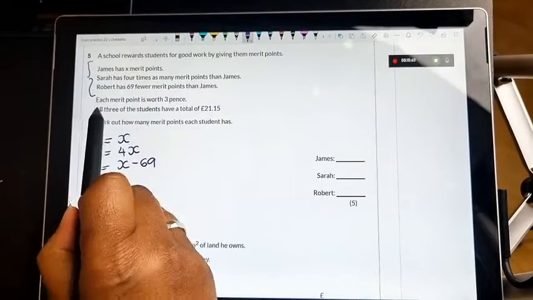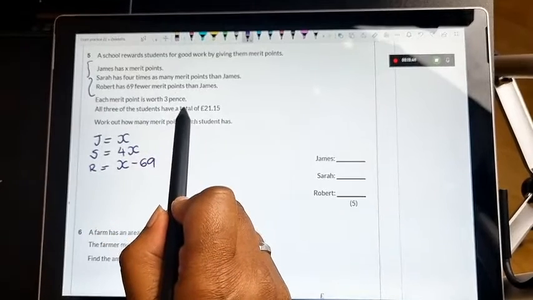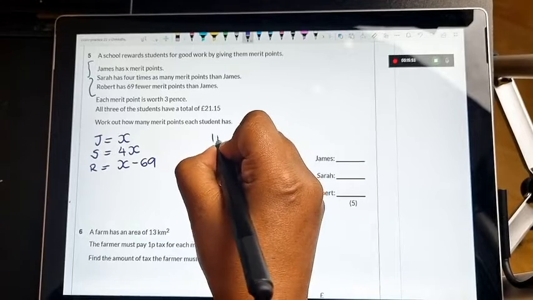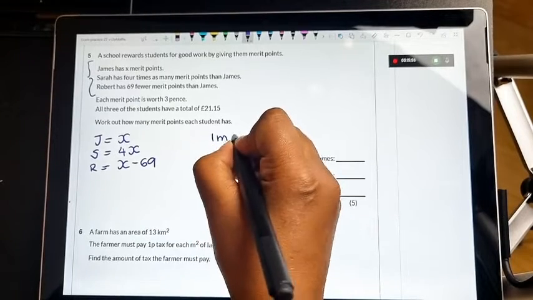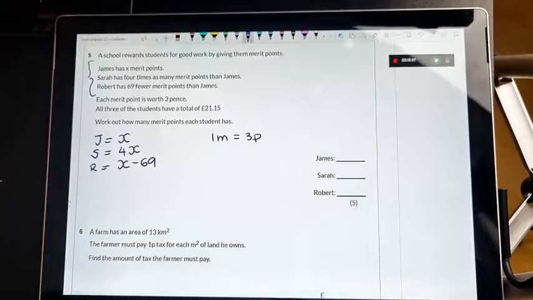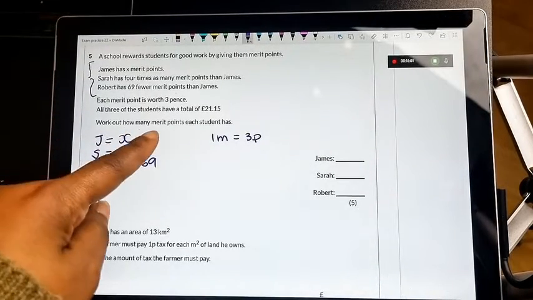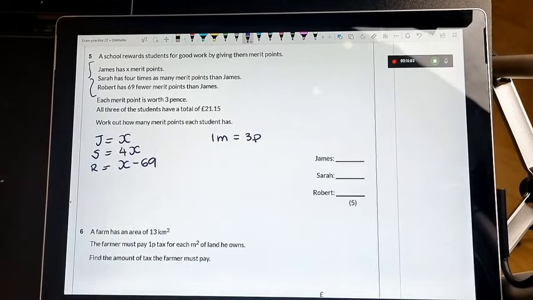Next one we have: each merit point is worth 3 pence. Okay. So 1 merit point is equal to 3p. Great. So next part, all 3 of the students have a total of £21 and 15 pence.